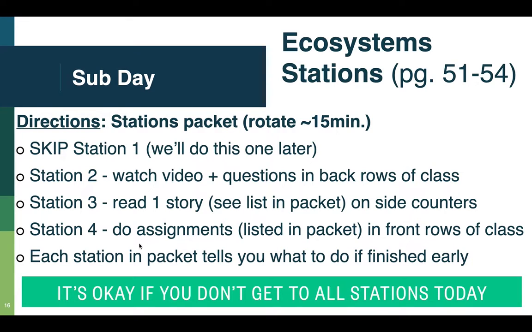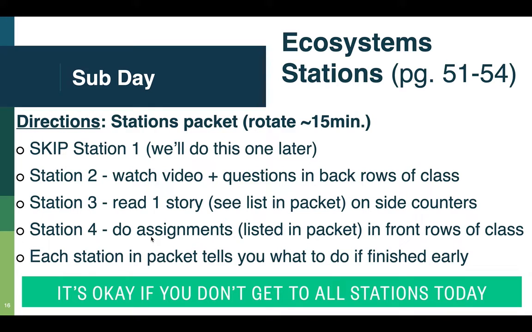And then station 4 has a list of assignments that you should complete. So if you are starting with station 4, you're going to take the front rows of the class, sit somewhere towards the front, and work quietly on some work. I'm thinking the stations will be about 15 minutes at the most, probably. And then we'll switch after 15 minutes to a different station, but it's okay if you don't get through everything. So there's 3 different groups: the window side group, the middle column group, the wall side group.